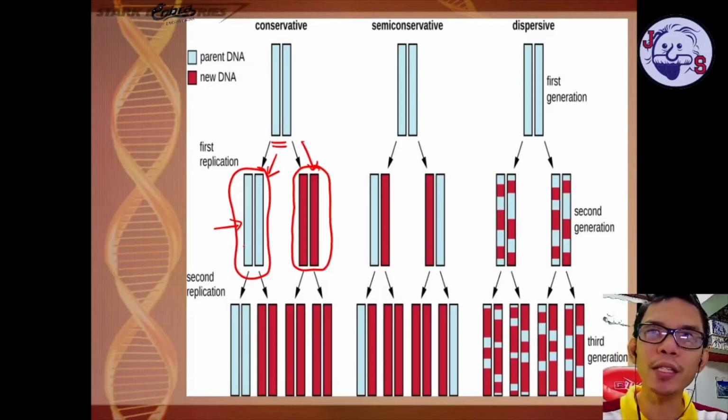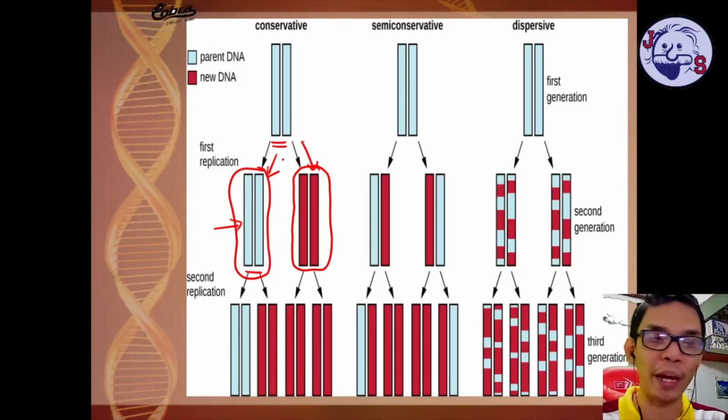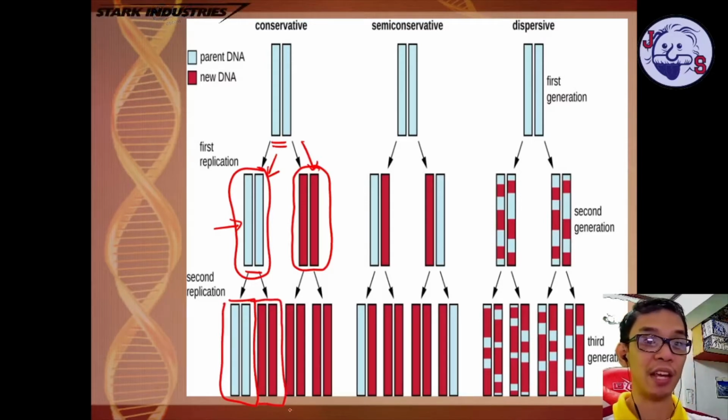Now when this particular DNA molecule, just like its own parent, replicates for the second time, it will do the same thing the parent does. It will replicate to produce its own copy and another newly synthesized DNA.